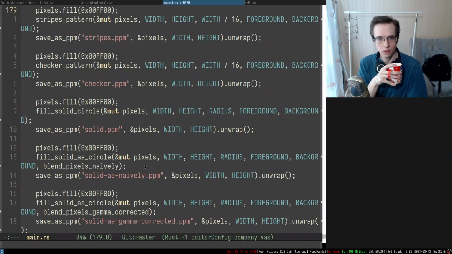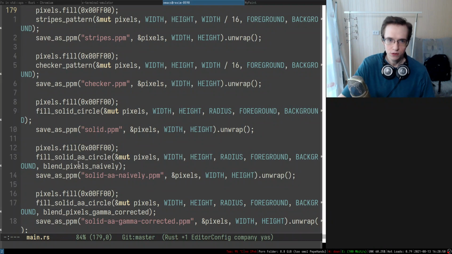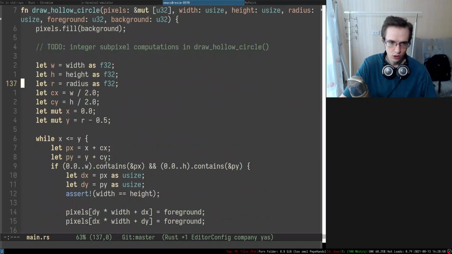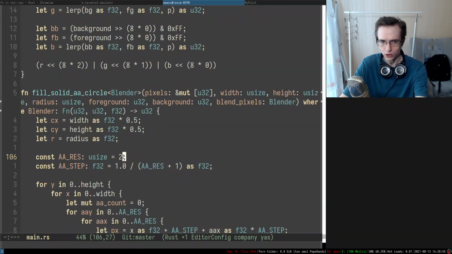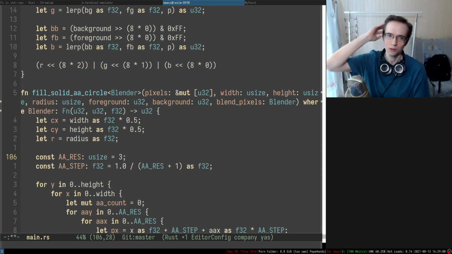That's pretty cool. We can try to crank up the resolution, right? So where is the resolution? I mean, the resolution of the anti-aliasing. Right now we're using resolution 2. We can put 3 in here. Maybe we can actually make it parameterizable as well.